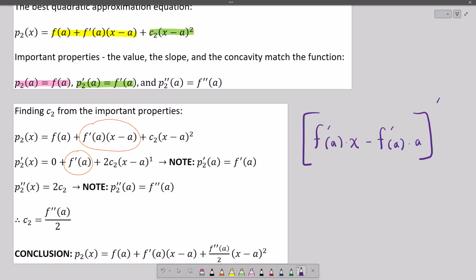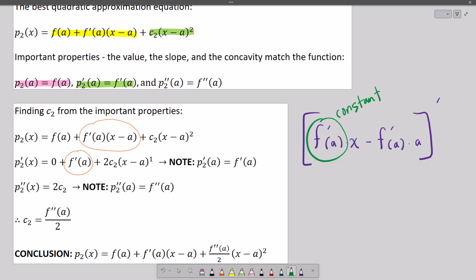Derivative of that's 0. What's the derivative of this? f prime of a. It's the coefficient of x. If this was 5x, the derivative would be 5. This is a constant that's sitting in front of x. So this is the derivative of this whole expression, right? Because the derivative of that part is 0. This is just linear. Derivative of a linear expression is the constant. So f prime of a is the derivative of that.